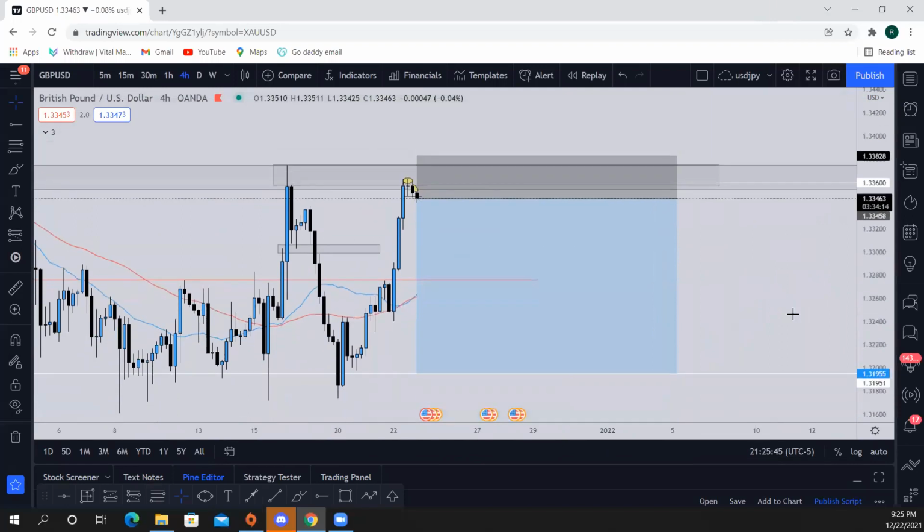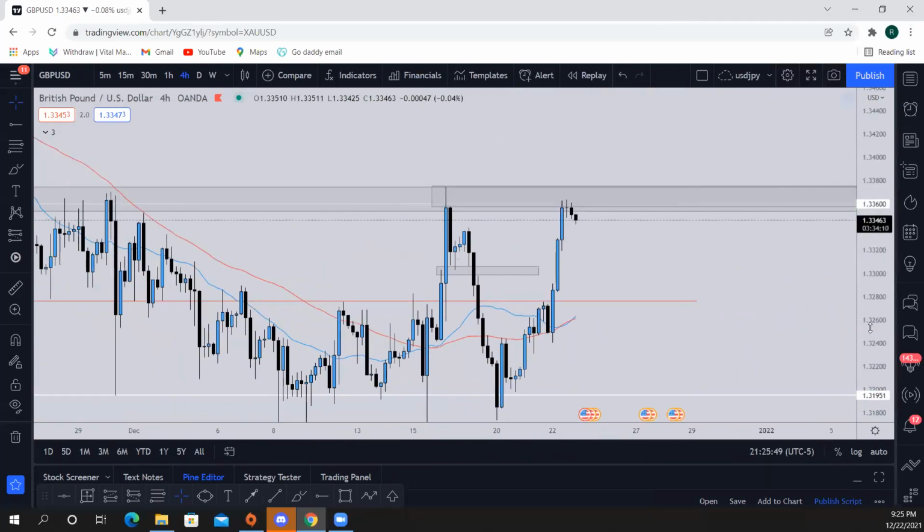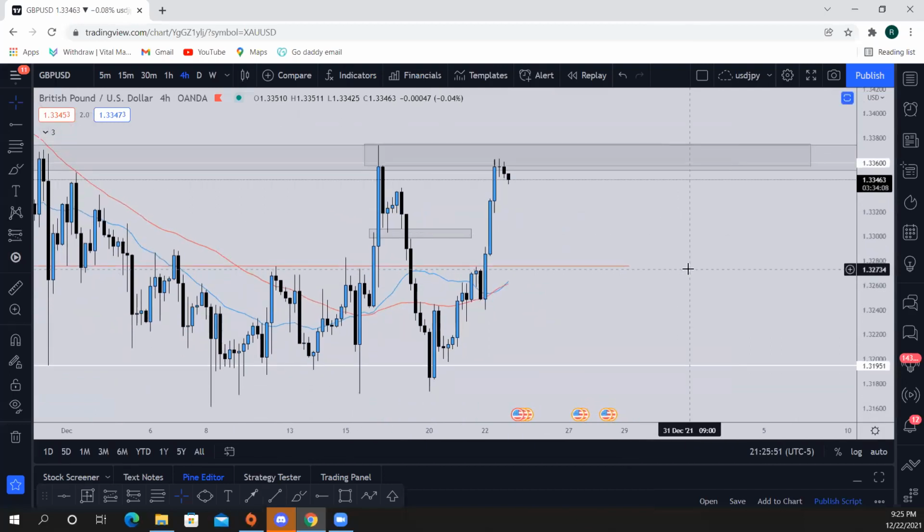Bro, I've got a quick question about the entries in terms of the engulfing candles. I usually trade the lower time frames, so the 1 hour, 30 minute, 15-minute time frames. But obviously I look for the 4H and 1H for market structure and direction. Sometimes I find myself in a position where I jump the gun.